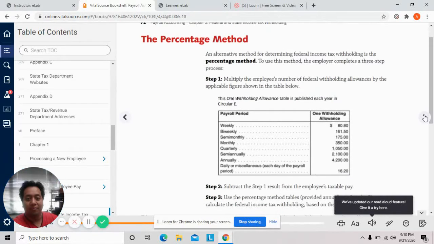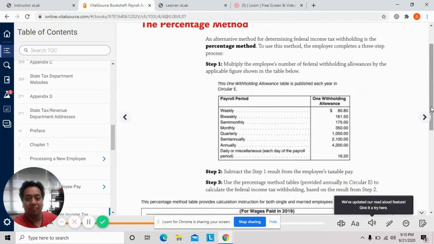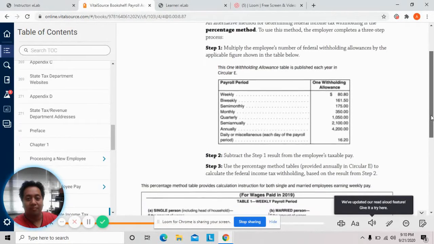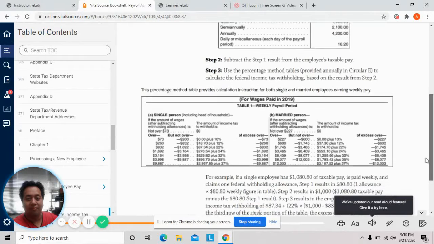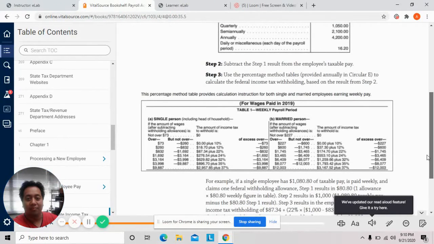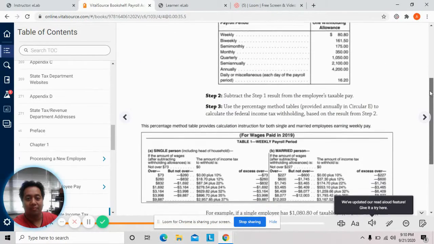The percentage method is covered here, the different details. What you do is multiply the number of federal withholding allowances. You subtract that from step 1. Then you use the percentage method table here to figure out the federal income tax that's withheld. That is on page 92 for the details.